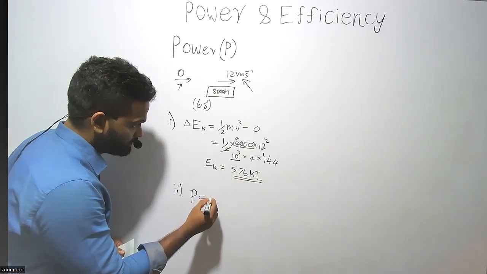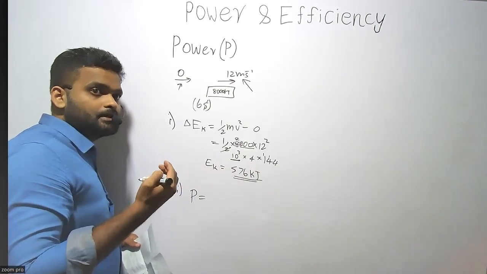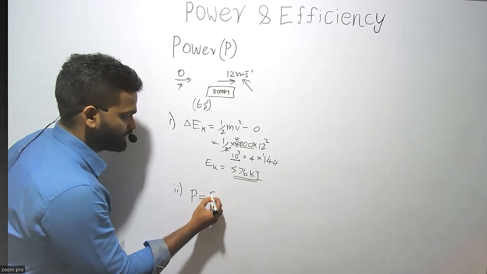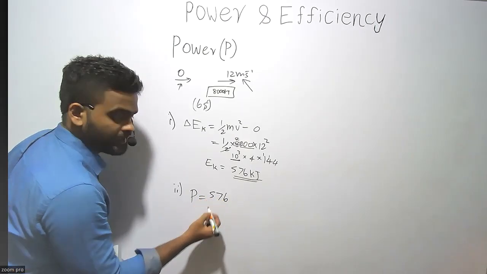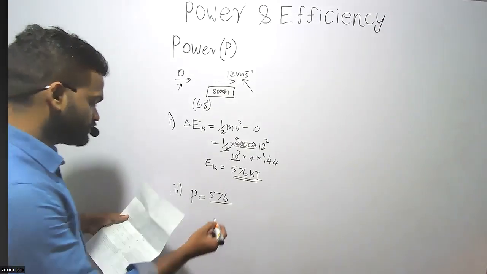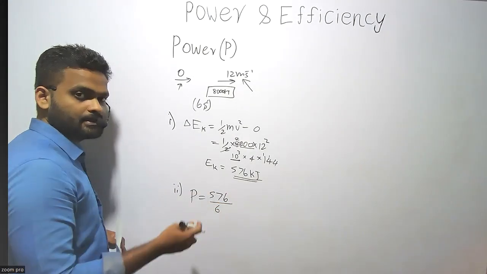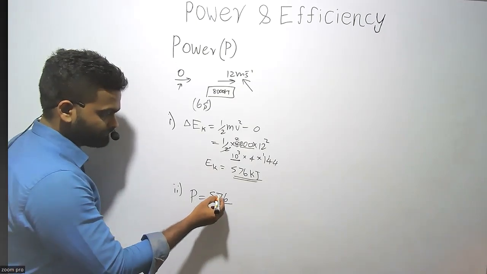So what is power now? This is the gained energy, which is equal to the work done by the whale. So you can say this is the gained kinetic energy divided by time. So the time is 6.